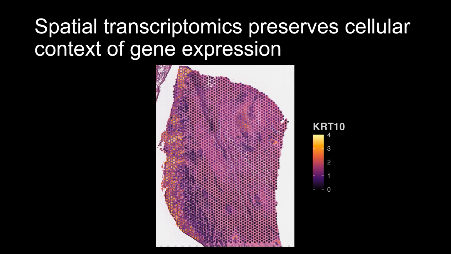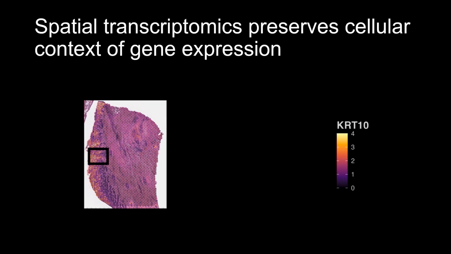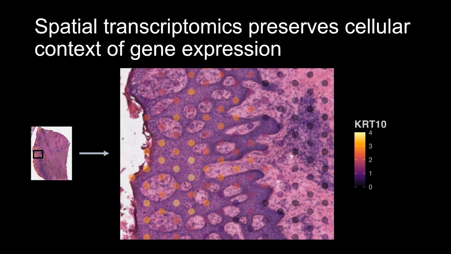And there's little expression in the stroma. So if we zoom into the cellular level, we see that there's increased keratin 10 in the suprabasal keratinocytes and not in the stroma. And the gene expression distribution across the HS features, kind of like this, gave us confidence in the biological validity of our spatial transcriptomics.